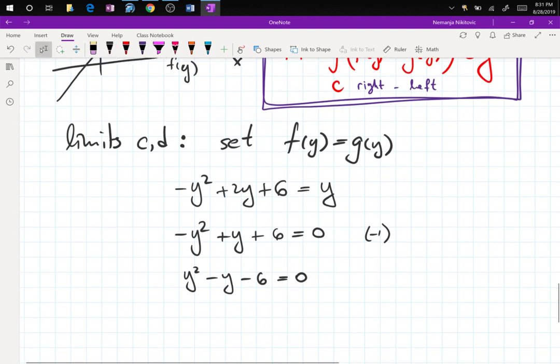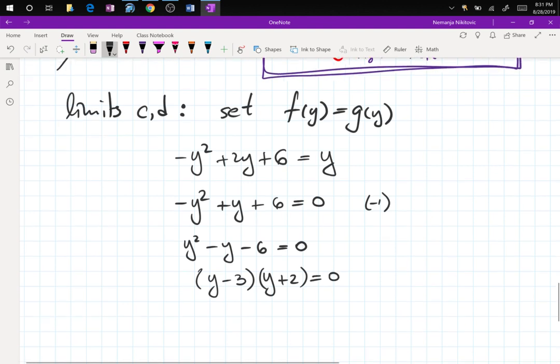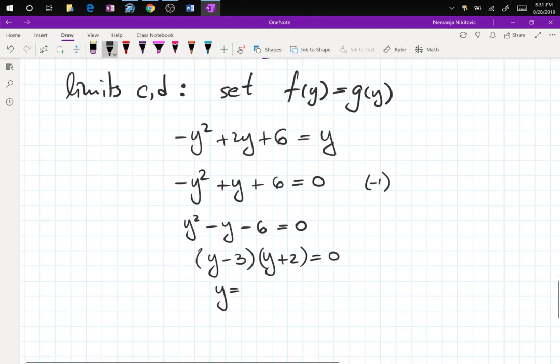Now this one we can factor. (y minus 3)(y plus 2) equals 0, from where we get y is 3 and y is negative 2. Those are your limits C and D.